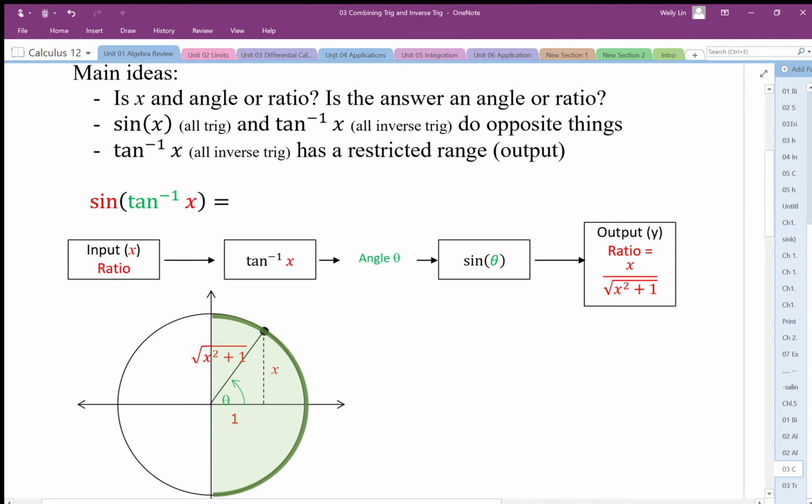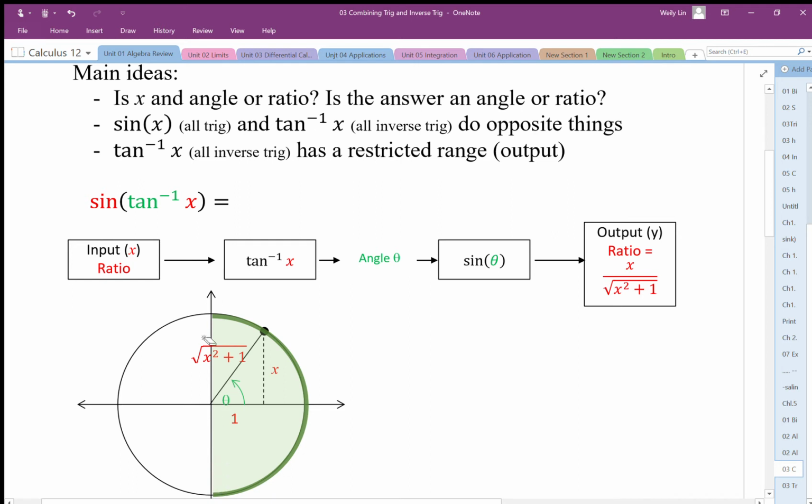So when we look at this picture here, my x value is my ratio, so that's slope. So I have rise over run, and that completes my triangle there. That's the hypotenuse of the triangle. And when I think of the inverse tan function, the inverse tan function has a restricted output. It cannot find angles on this side of the circle, otherwise we have non-functions.